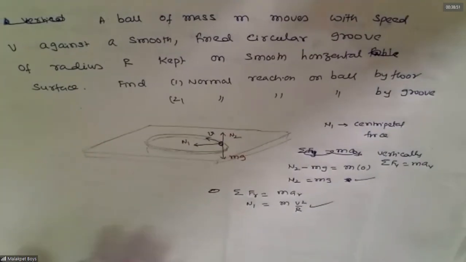Remember, centripetal force is not a new force. Any force acting towards the center is called centripetal force. It is not a separate force. I wrote that very clearly previously. The sum of all the forces, the net force towards the center, is called centripetal force.